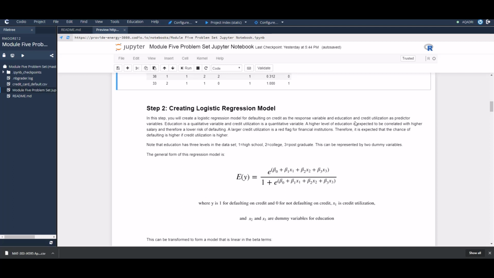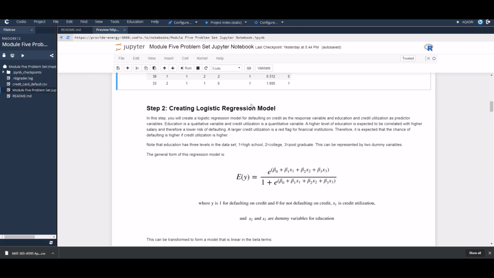And then education: if you notice here, it says a higher level of education is expected to be correlated with higher salary and therefore a lower risk of defaulting. If your salary is higher and you're using the credit available to you, chances are that you'll be able to make payments on that credit.